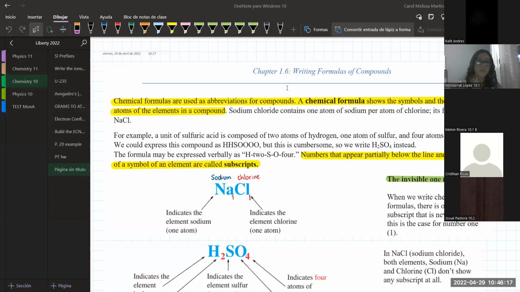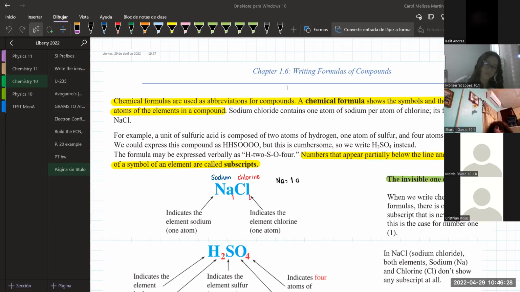This compound is made of sodium and chlorine. If I ask you the number of sodium atoms, you will say sodium, 1 atom, because you don't see a subscript, so you know that there is the invisible one. And if I ask you chlorine, you will also answer there is 1 chlorine atom in that compound, same reason, invisible one. They're invisible, we don't see them.